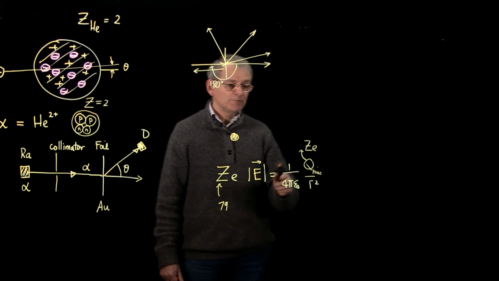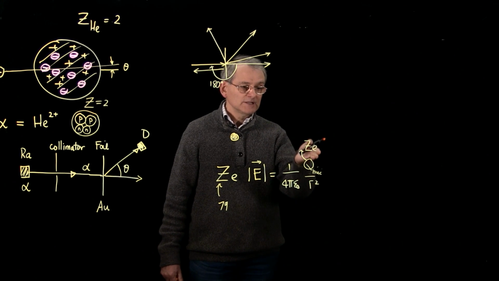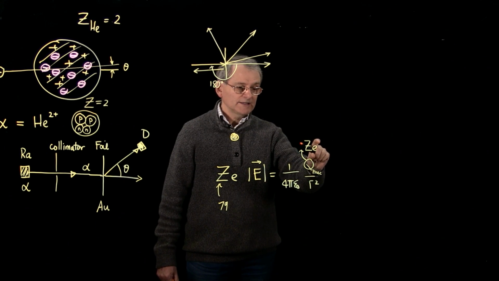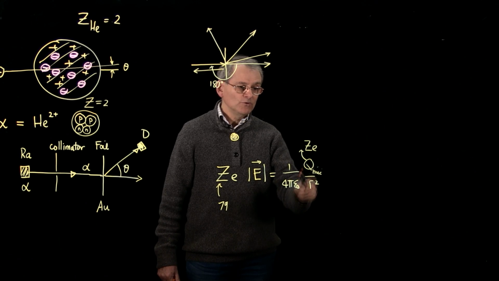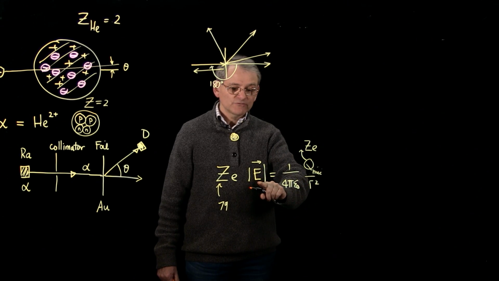So we then have an alpha particle interacting with this large compact nucleus. r is small, this is large, so this electric field is large.